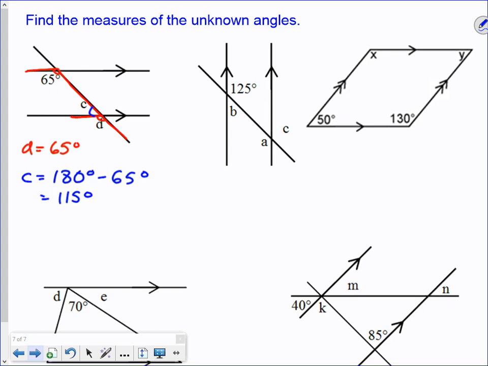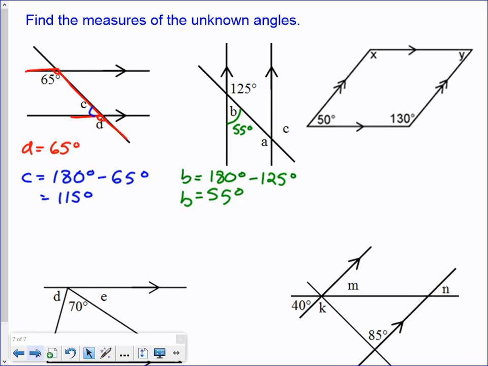In our next pattern, I might jump in at angle B here because I can see that the 125 degrees and angle B form a straight line. So B is going to equal 180 minus that 125. So angle B has to be 55 degrees. It helps sometimes to add that onto my diagram. There we go, 55 degrees.